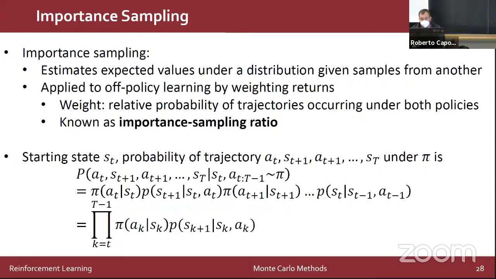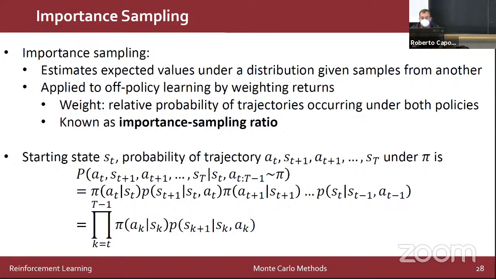This is done because you are trying to compute some estimates in expectation from values that are collected under a different distribution. So you need to balance this information based on the target distribution of data.